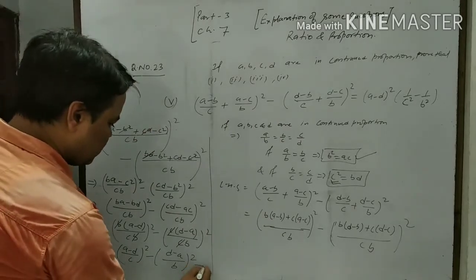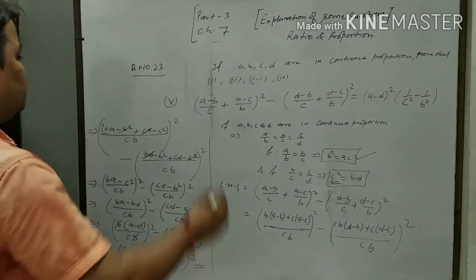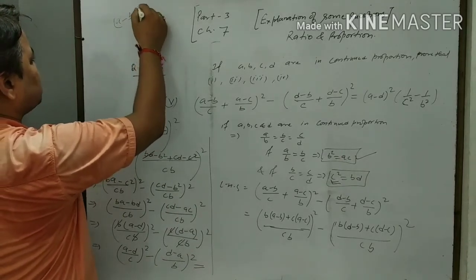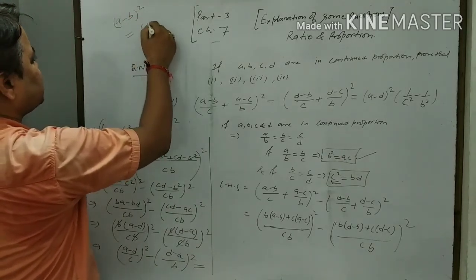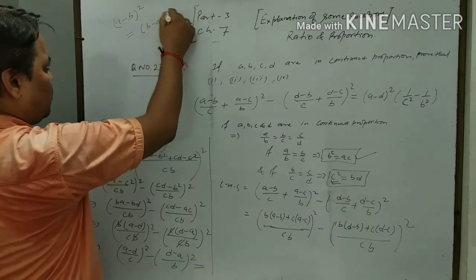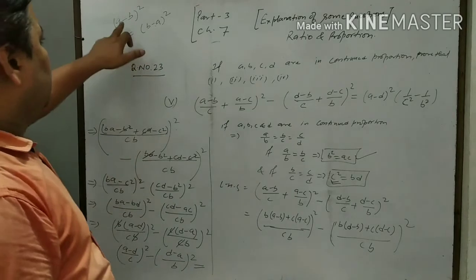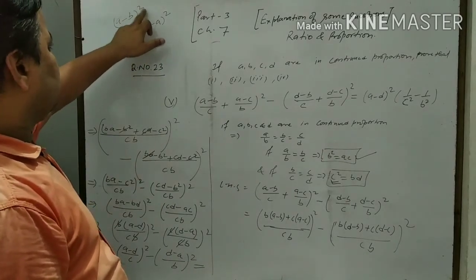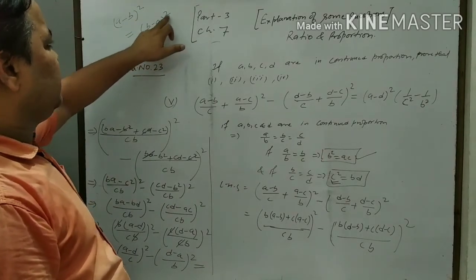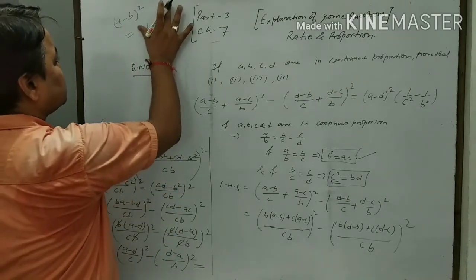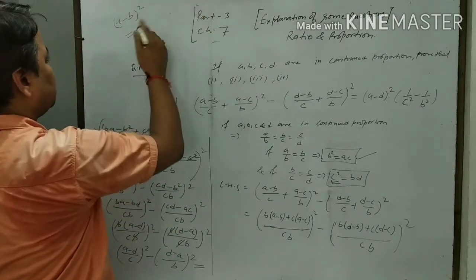But before this, we have to understand one thing. Look here. A minus B whole square can be written as B minus A whole square also. How? I am going to explain.